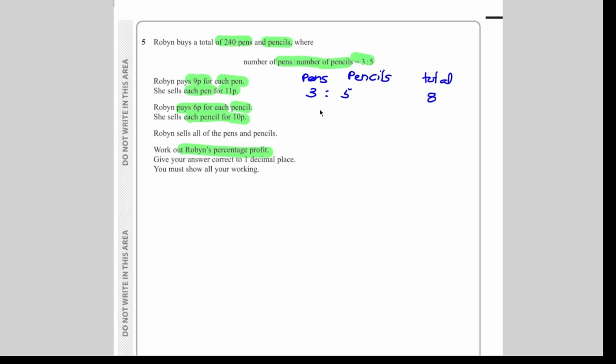Let's assume that there are 100 pens and pencils altogether. When you take 3 pens from this amount, you can always take out 5 pencils.